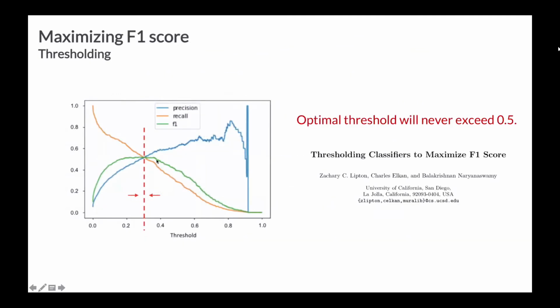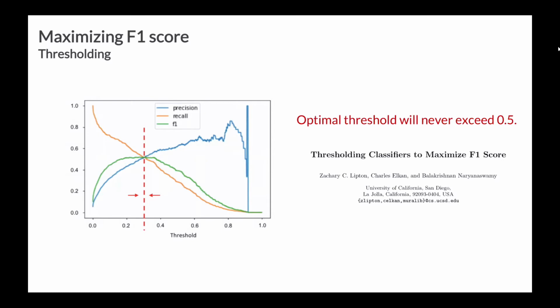Yeah, so this is the classic approach to maximize the F1 score by thresholding. We have a validation set, not the training set, and we try to find the optimal threshold that maximizes the curve of the F1 score to have a good trade-off between precision and recall. This is the classic approach.